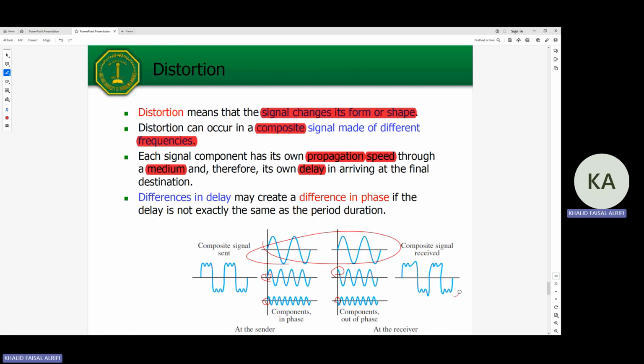So the result will be different than what was sent, because each one of them has a different propagation speed, so each one of them will arrive at a different time, not all of them at the same time, which will cause delay. So when they reach the receiver, they will have a different phase or shape. Okay.